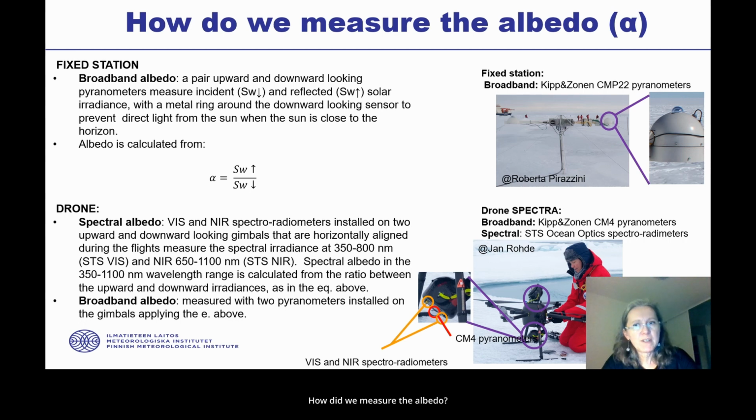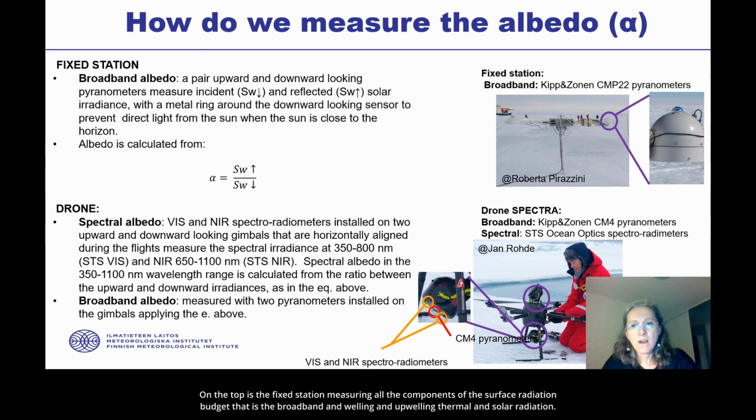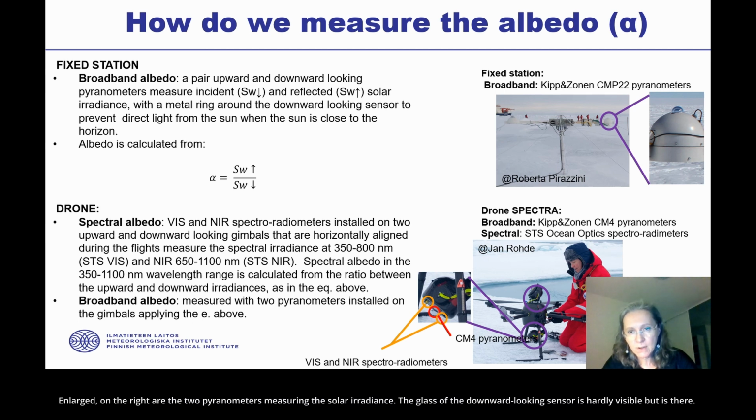How did we measure the albedo? Here the figure on the right illustrates the instruments that we used in MOSAiC. On the top is the fixed station measuring all the components of the surface radiation budget, that is the broadband downwelling and upwelling thermal and solar radiation. Enlarged on the right are the two pyranometers measuring the solar irradiance. The glass of the downward-looking sensor is hardly visible, but is there.